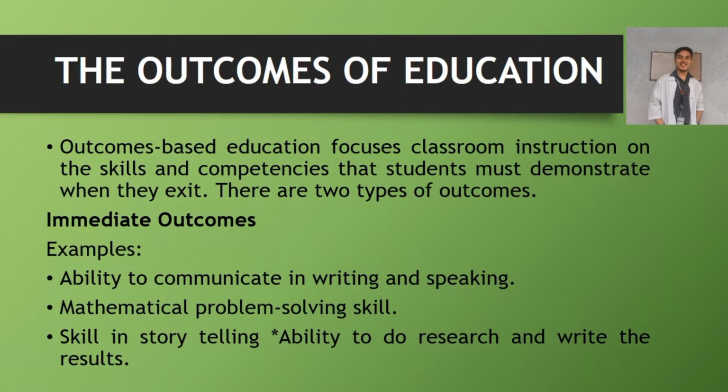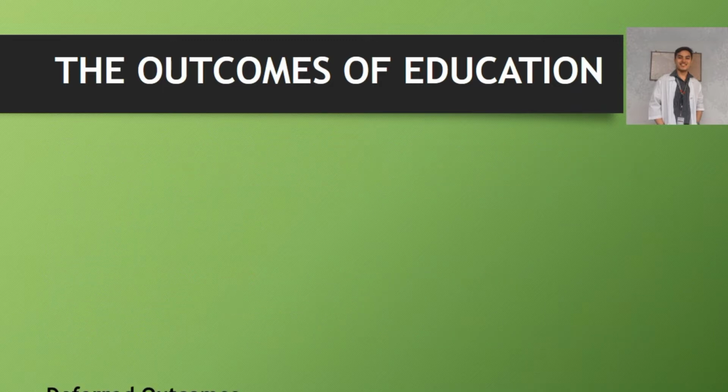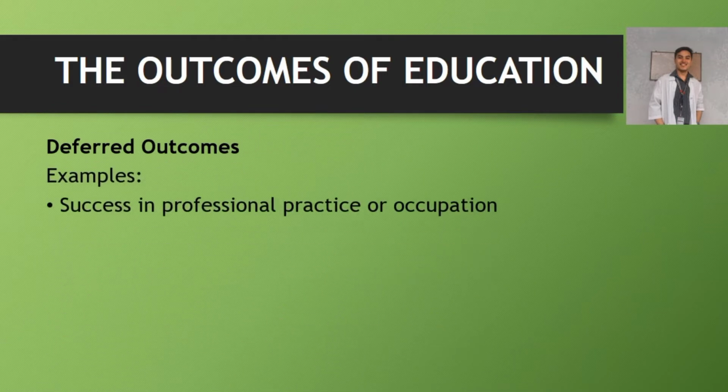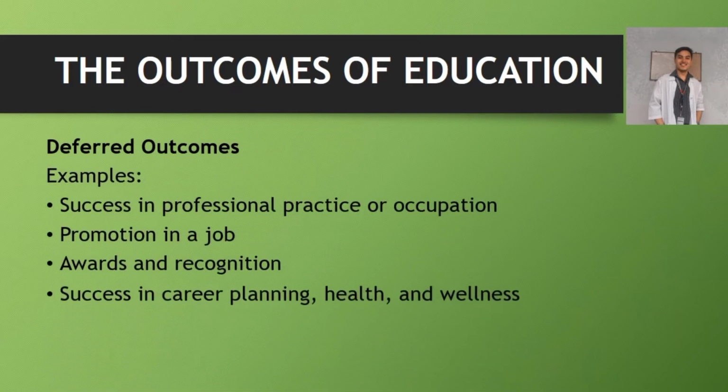So examples for this one are the ability to communicate in writing and speaking, the mathematical problem-solving skill, and the ability to do research and write the results. And as for the deferred outcomes, it refers to the ability to apply cognitive, psychomotor, and affective skills or competencies in various situations many years after completion of a subject, grade level, or degree program.